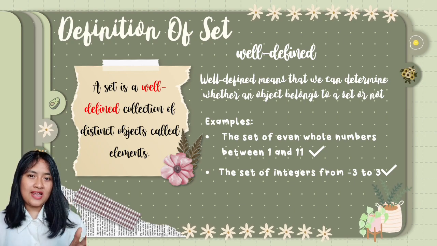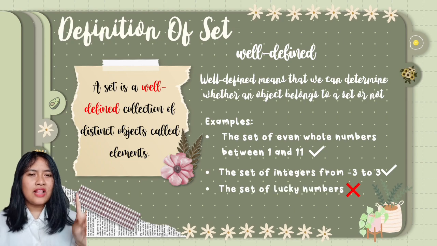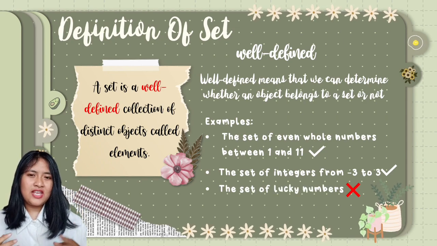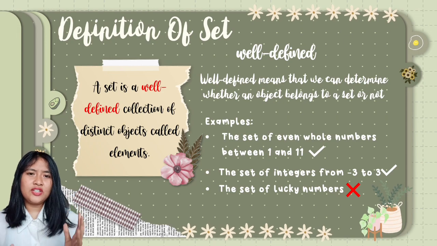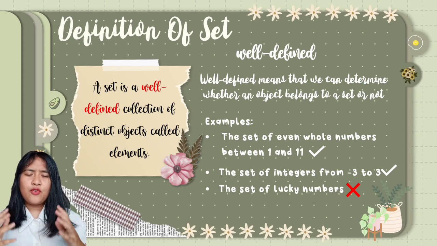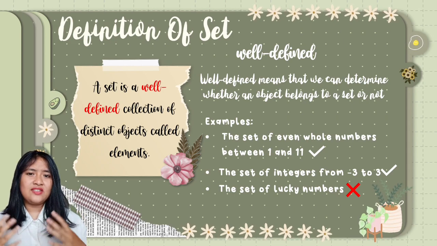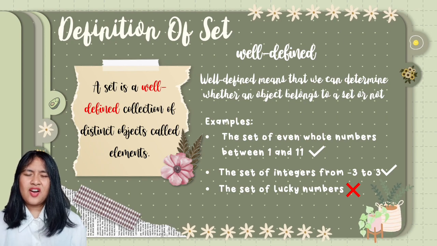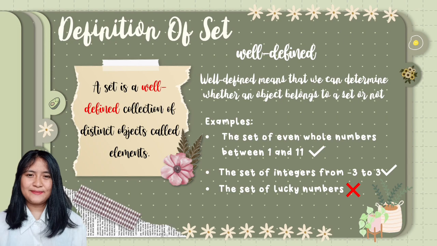On the other hand, the set of lucky numbers is not well defined because it is open to interpretation. It is unclear from the description what lucky means and what has to happen for a number to be considered lucky. There are any number of possible solution sets.